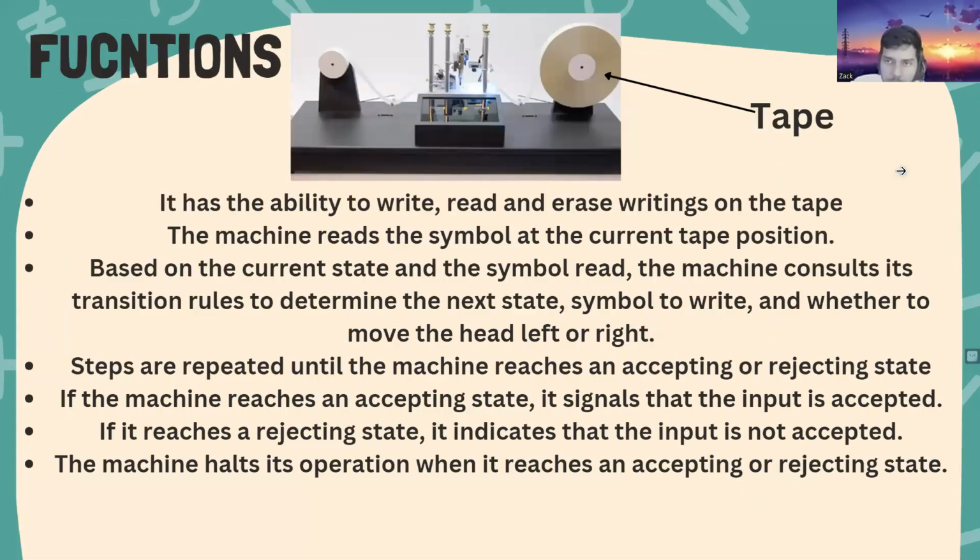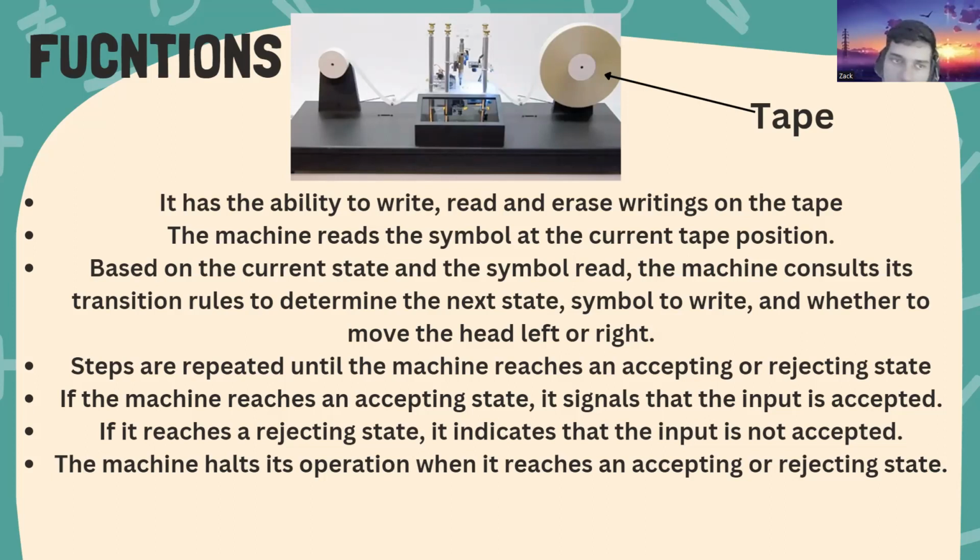Right. In order to understand what I'm talking about, I will be explaining one by one. First, we should look at where the tape is. The tape is basically like a paper where we would write on it and present our output.